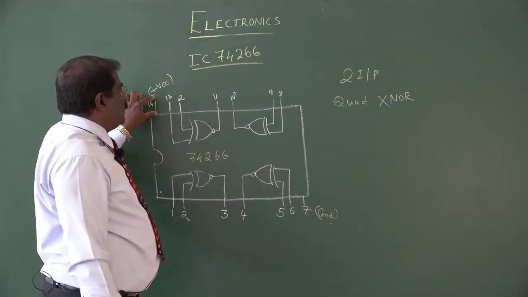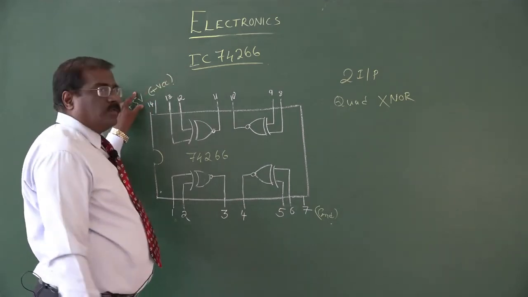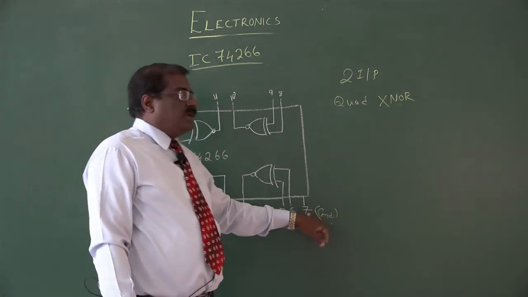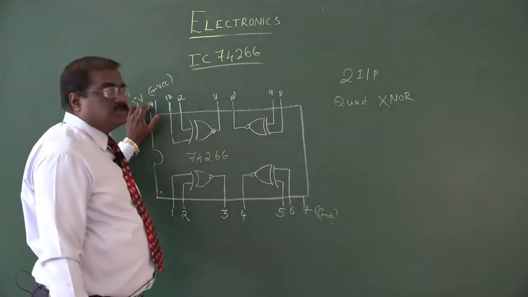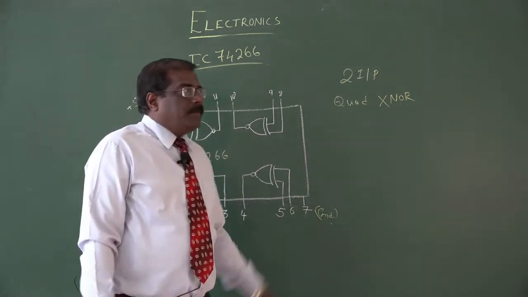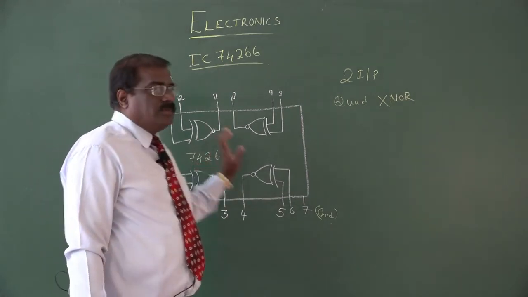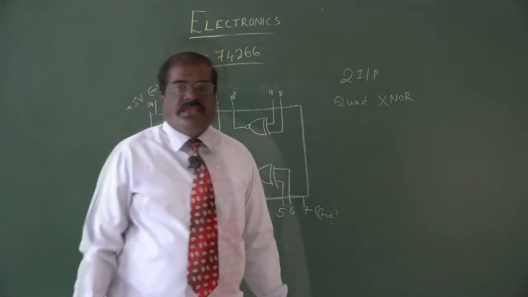Pin number 14 represents the plus VCC, or plus 5 volts should be connected. 7 is the ground to be connected to the negative terminal of the battery and plus 5 volts to be connected to 14. This is for biasing the IC. So IC74266 is a 2 input quad XNOR gate.